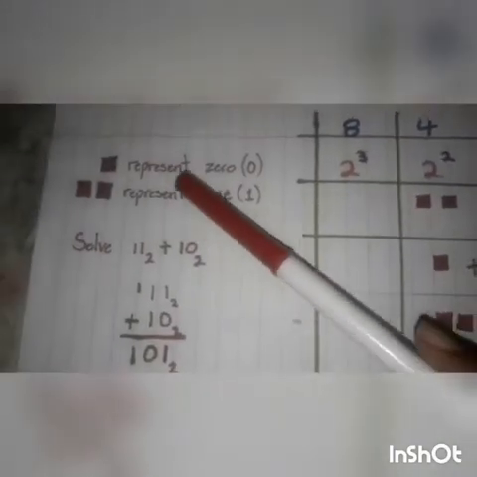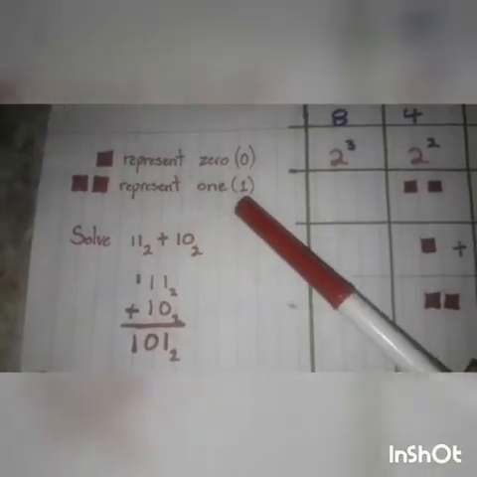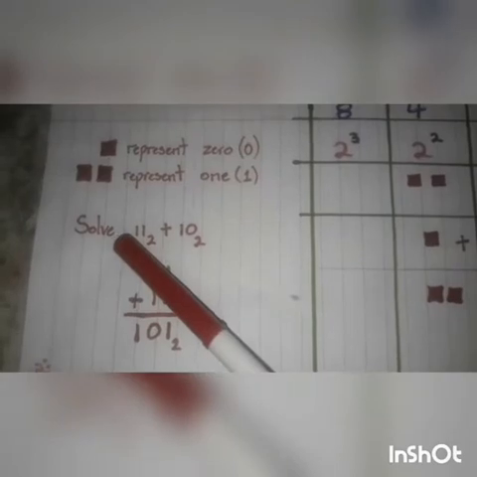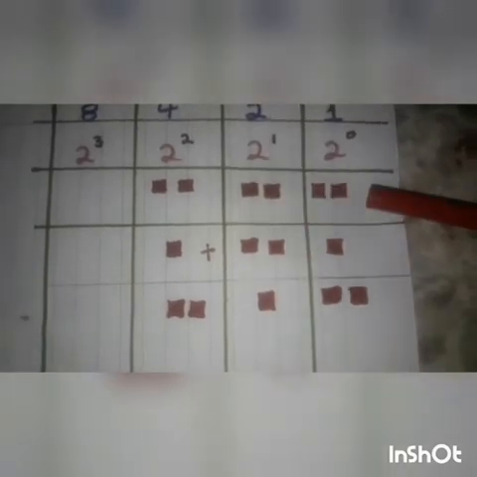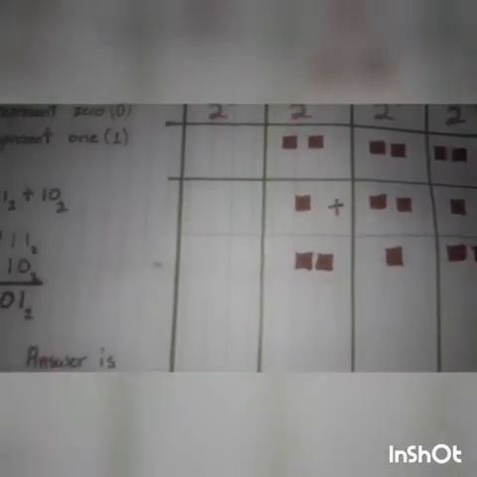Using squares now, we already know that 2 squares represents 1, and the first number is 11. So we have 11 represented by 2 squares. Next we have 10, and now we're going to add. So 1 and 0 equals 1. So put 2 squares down.